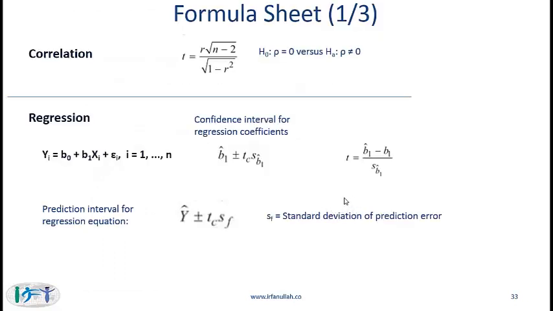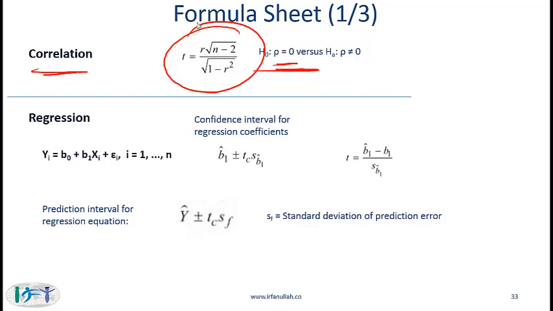Okay, now in 3 slides, I have summarized the most important formulas, and I've looked at questions in the past. I've not reproduced all the facts and definitions, but on 3 well-spaced slides I've reproduced all the important formulas. So with correlation, this is the formula. You need to come up with the t-stat, and the null hypothesis is that the correlation is 0.